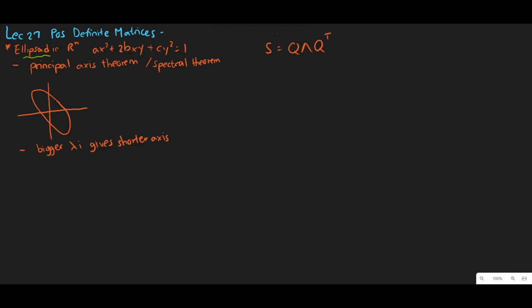So for an example, I will take one in the book. We have this matrix, and this is also about how we use the factorization that we learned earlier from the symmetric lecture. So I will just quickly put it here.